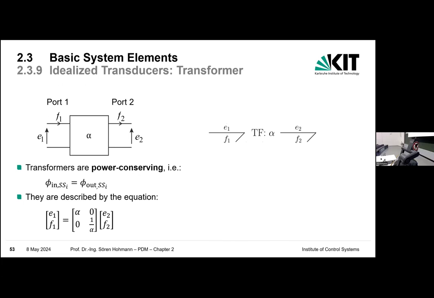Exactly. So if you think of a transformer as it was represented in the basic electrical engineering lectures, the heating, the dissipative element, is usually represented on one side of the transformer. You get a resistor included.